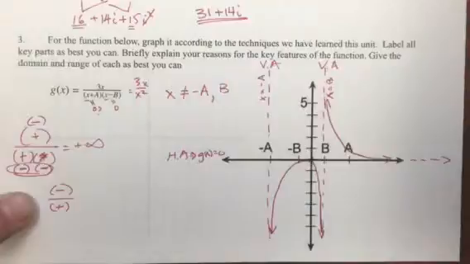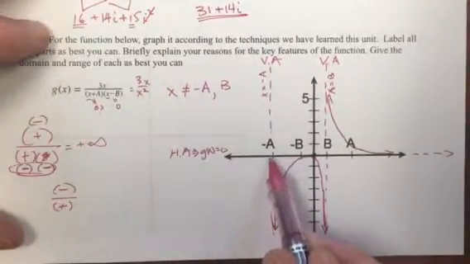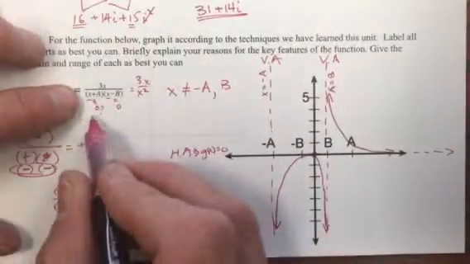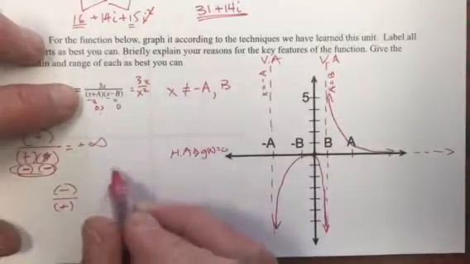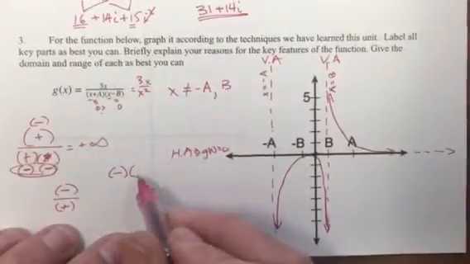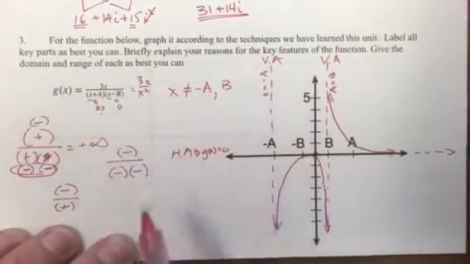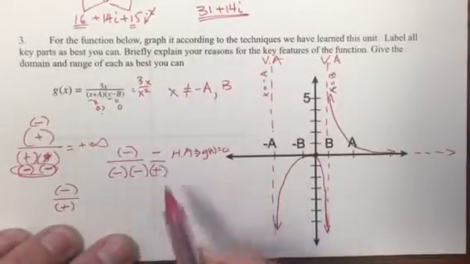All right? In the home stretch here, we're just going to say, all right, well, what if this is negative 4? If I'm at negative 4.1 right here, that's going to be negative. And this one would be negative. And this one would be negative. So that would be a negative over a positive.